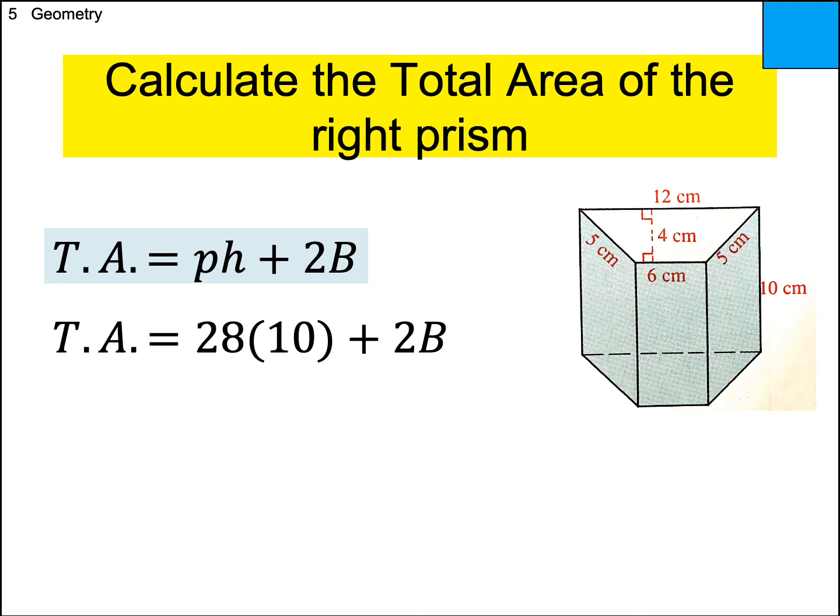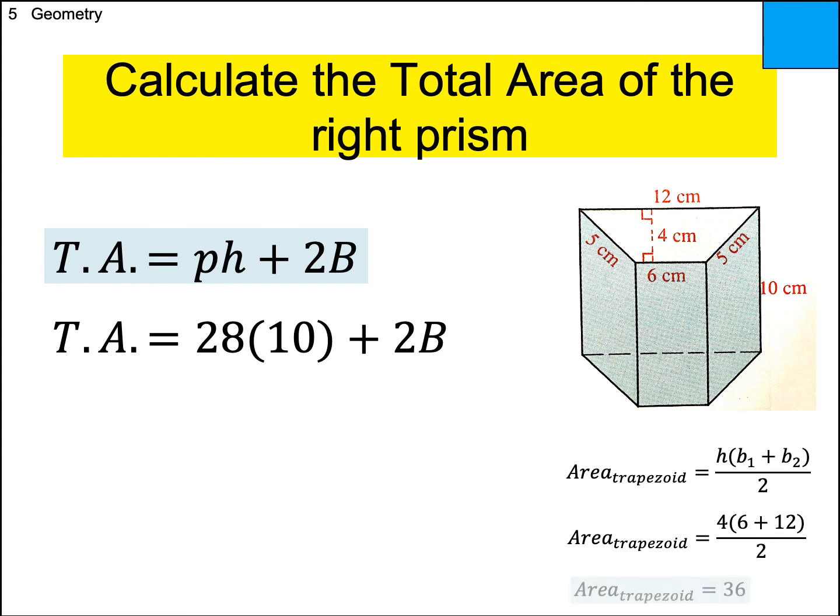So we have to go back to the formula for the area of a trapezoid. I put it the way that you guys like it. Base 1 and base 2 are 12 and 6. The height is 4. 6 plus 12 is 18. Half of 18 is 9. 9 times 4 is 36.